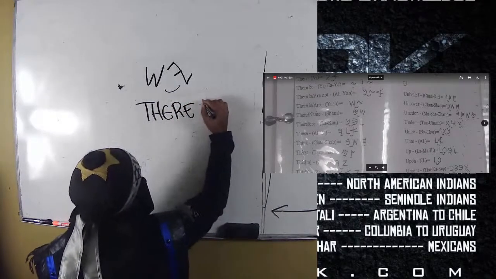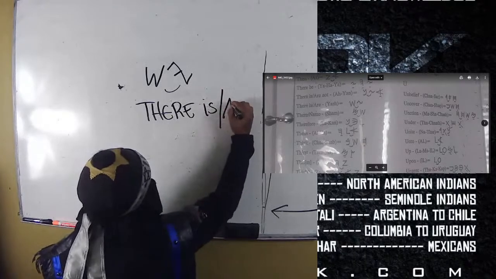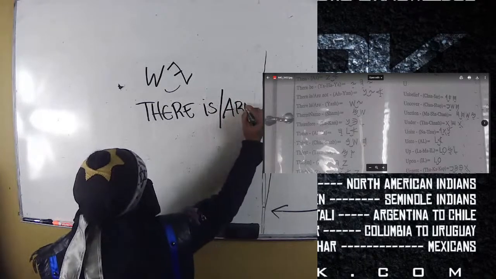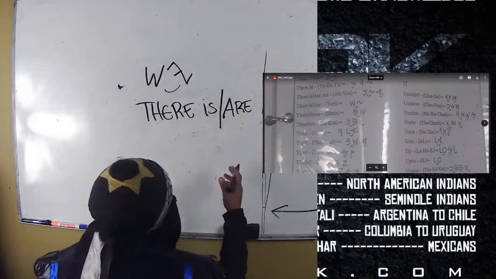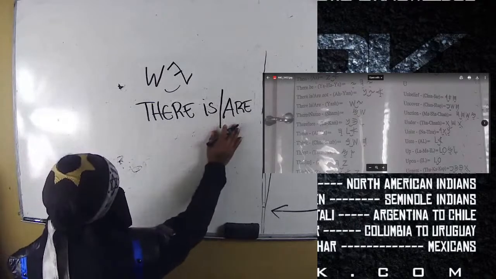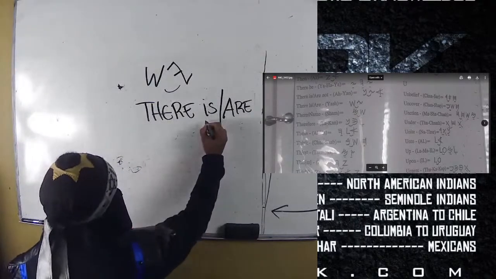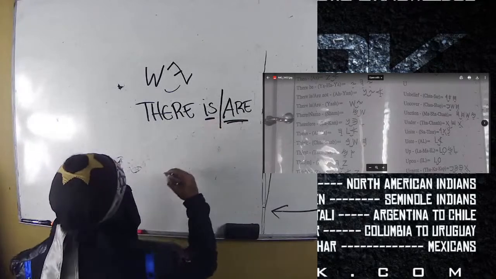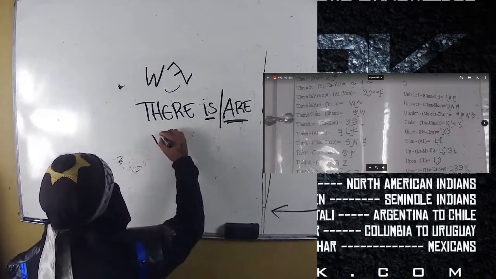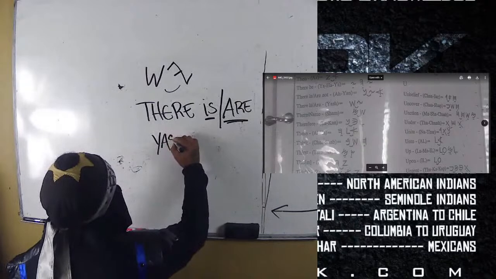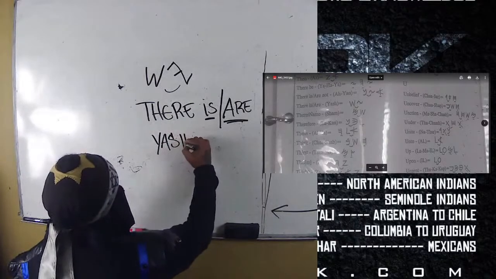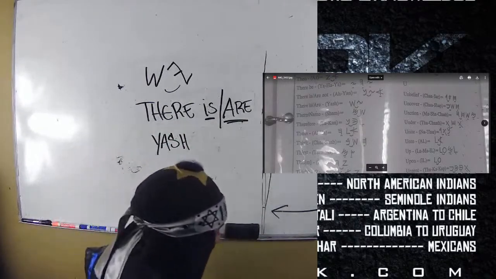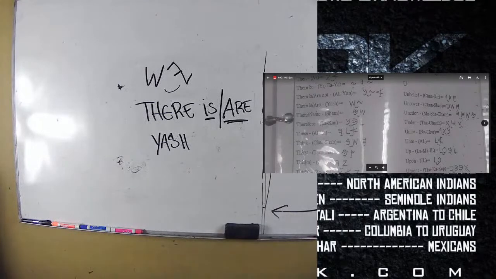There is, right? And then it also means are. There are. There is, there are. All right? That's what it's saying. There is, there are. This word is Yash. There are, there is, Yash.